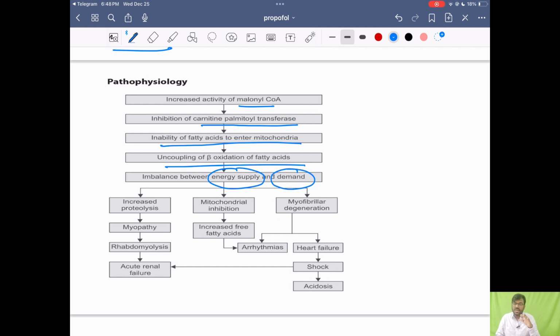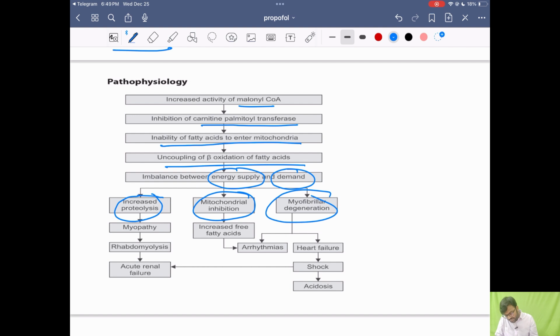Because the fatty acids are unable to enter the mitochondria, another pathway for energy is taken, and there is imbalance between energy supply and demand. So what happens after that? One, proteolysis is increased. Second, mitochondrial inhibition occurs, and third, myofibrillar degeneration occurs.